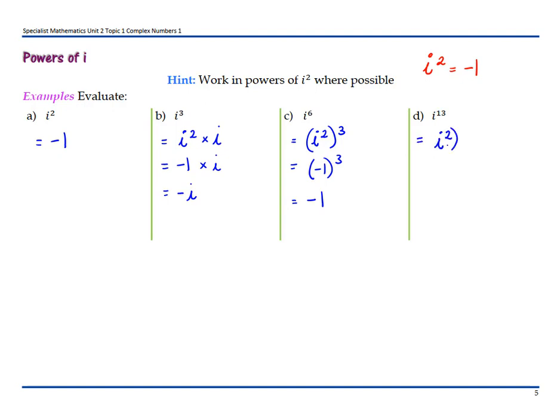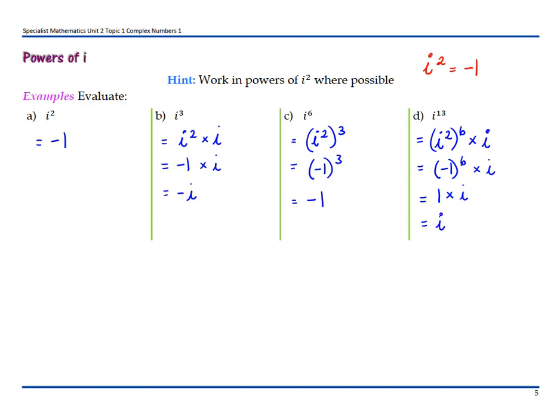We go i squared all to the power of 6, which would be i to the power of 12, times i. i squared is -1 to the power of 6 times i. We have an even power, so -1 to an even power would be +1. So we have 1 times i, which is i.